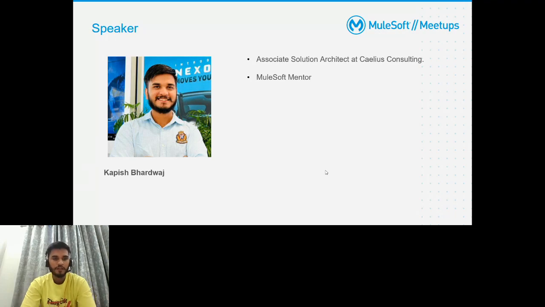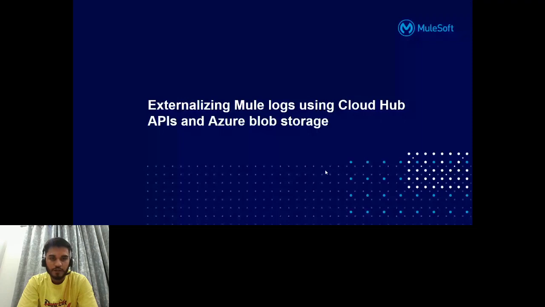So in this topic, we'll be covering how we can externalize our Mule logs using CloudHub APIs and Azure Blob Storage. As you all know, there are some limitations of the Anypoint platform that we use in CloudHub 1.0. So we will be focusing on the logs this time. We'll look at what limitations there are, and how we can externalize our logs without using any third-party logging tool like Splunk.